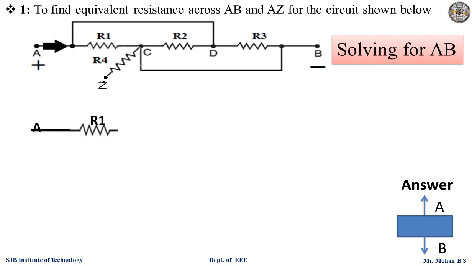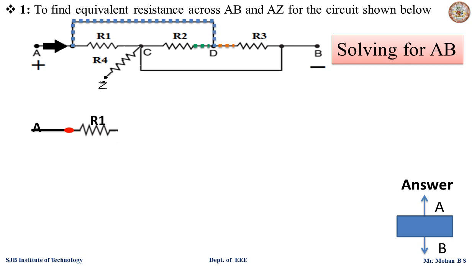Here, point A I have taken as it is and I've stopped at R1. Between point A and R1, you can see we have another point or a node. This node I'll bring down, and from this node we have another wire which meets R2 and R3.